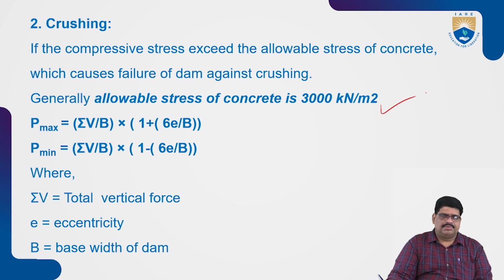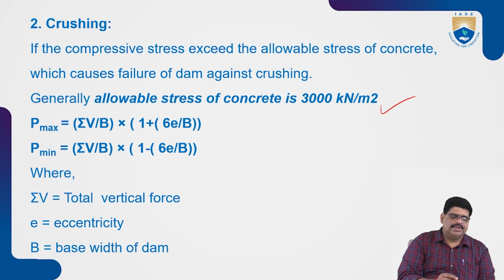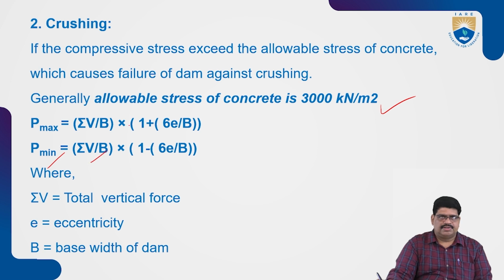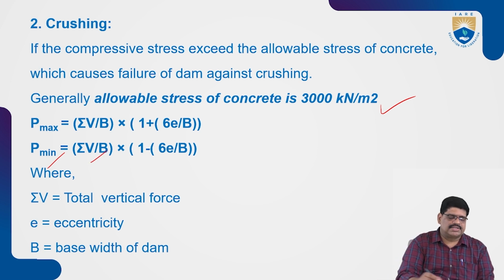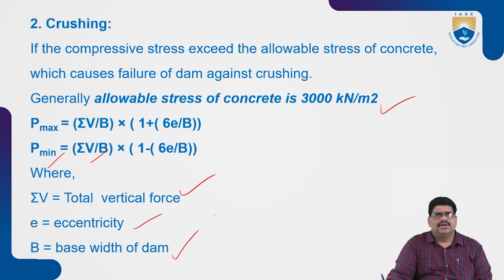So the maximum pressure, P maximum, is equal to sigma V by B into 1 plus 6E by B, and the pressure at minimum is equal to sigma V by B into 1 minus 6E by B. Here sigma V is the total vertical force, E is the eccentricity, and B is the base width of the dam.